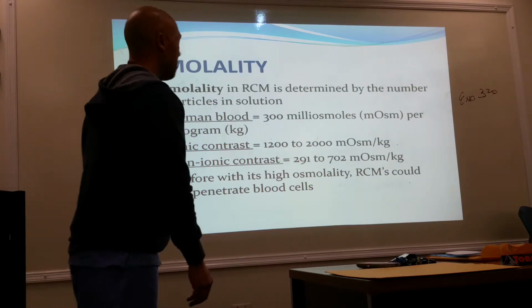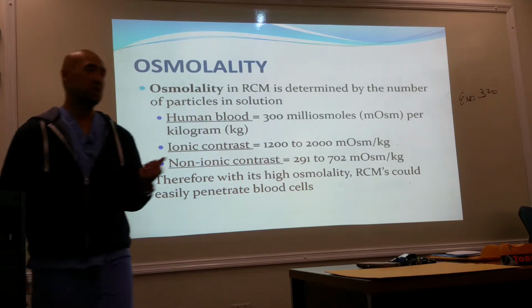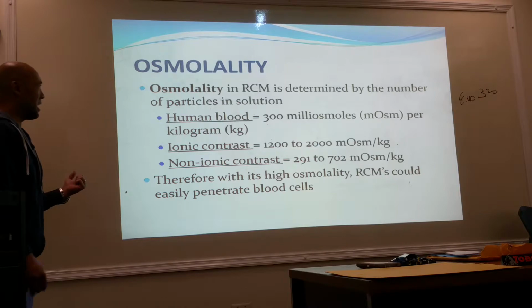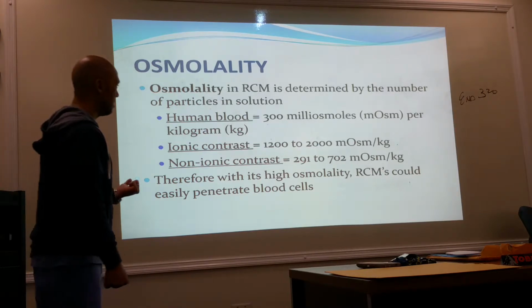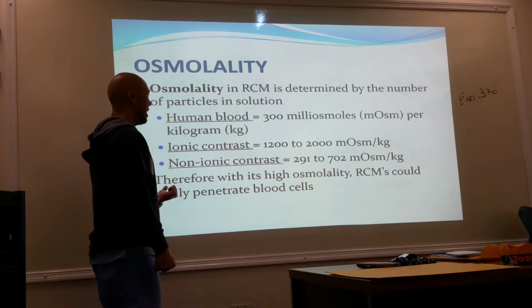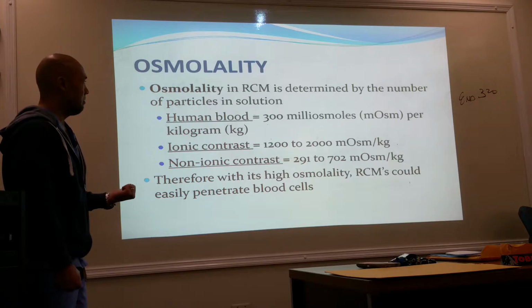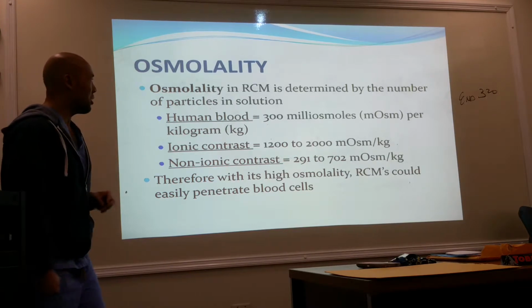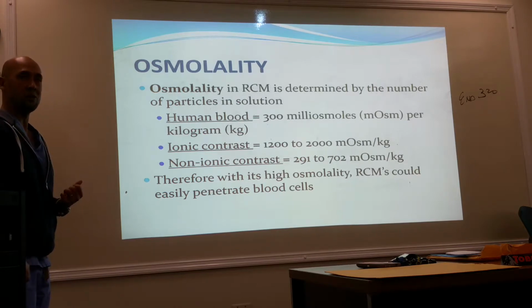So osmolality in relation to our blood and tissues. Osmolality in radiographic contrast media is determined by the number of particles in a solution. It is written as milliosmoles per kilogram. In human blood, osmolality is 300 milliosmoles per kilogram, 300.